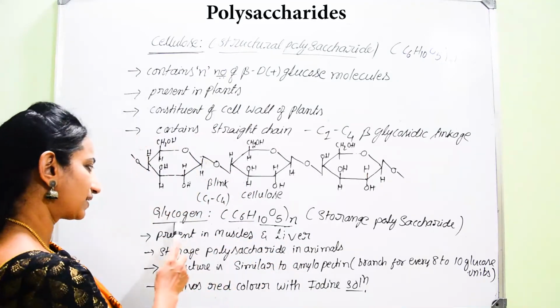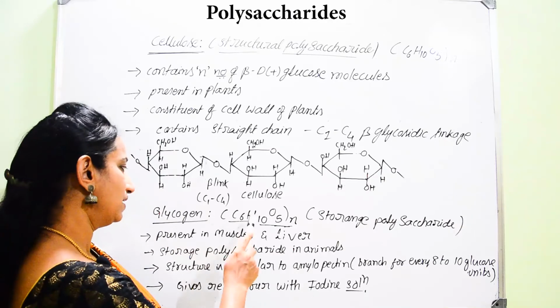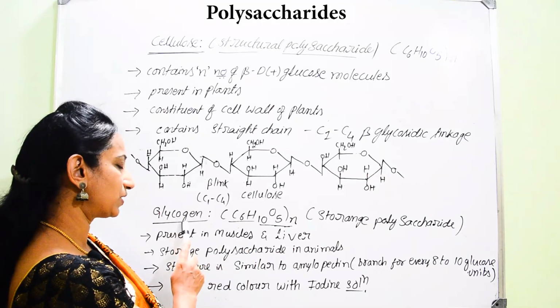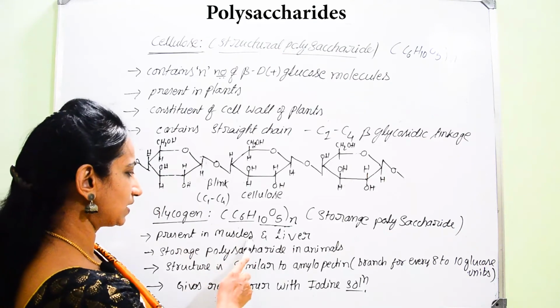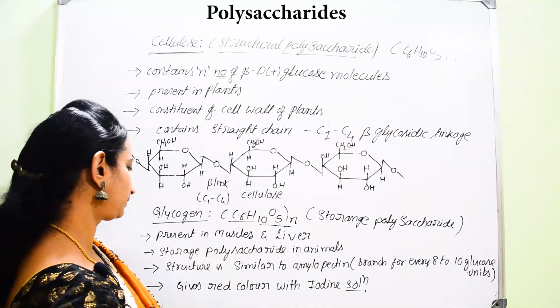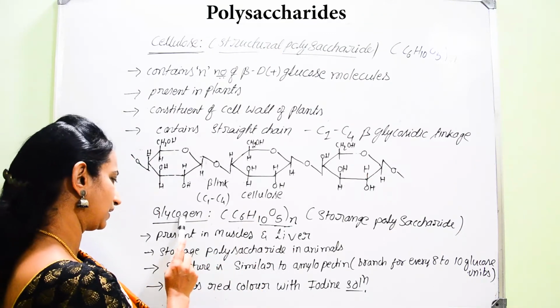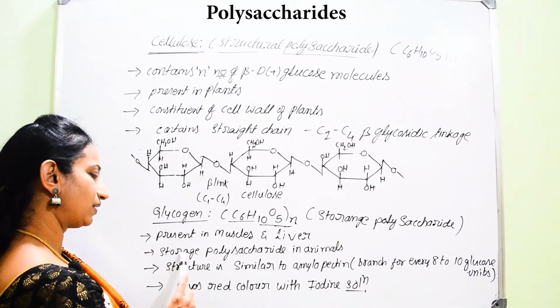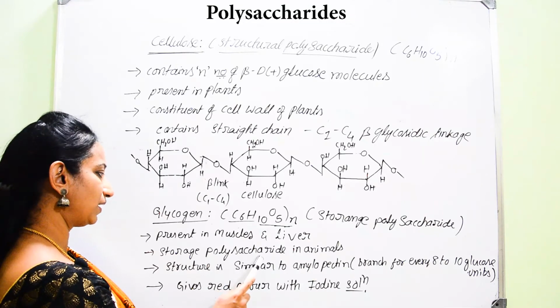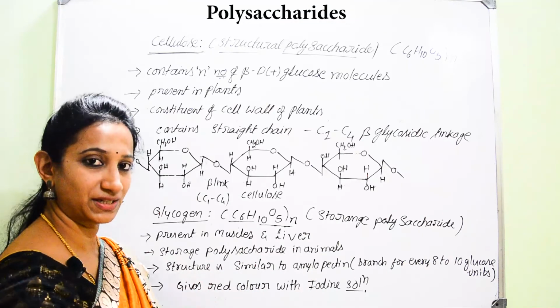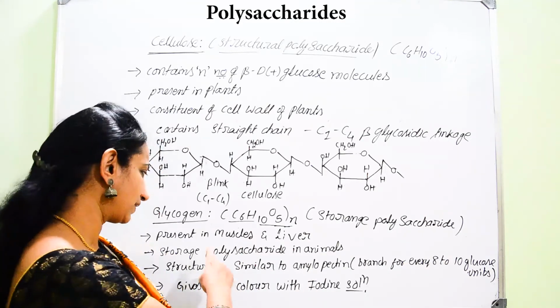Hence the excess glucose in our body is converted into glycogen and reserved as an energy source in muscles and liver. Here glycogen is called a storage polysaccharide, as it helps store energy pockets in the form of glycogen.